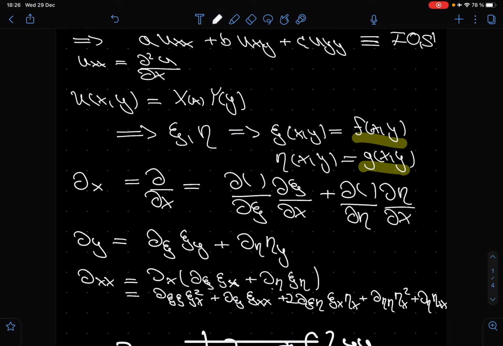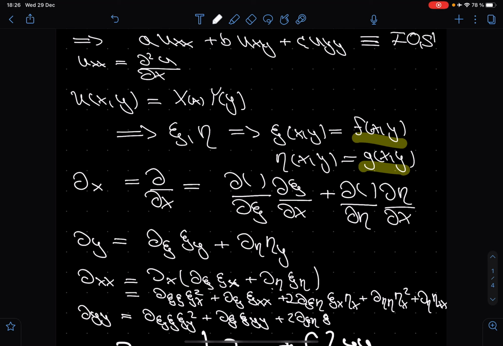The same counts for yy, we just need to change the x's to y's, and then we will have our derivatives. The right side might look a little bit messy now, but it will get clearer.